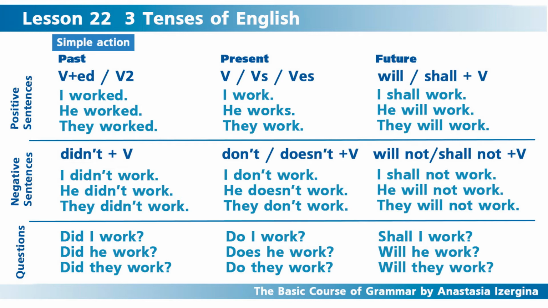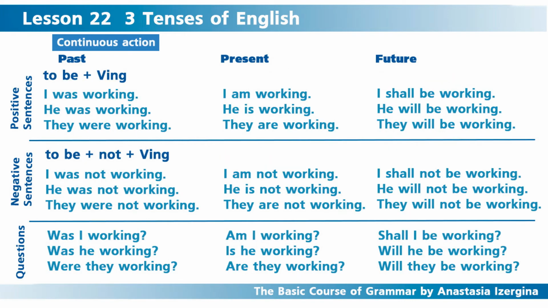I shall not work. He will not work. They will not work. Questions in simple action. Past. Did I work? Did he work? Did they work? Present. Do I work? Does he work? Do they work? Future. Shall I work? Will he work? Will they work?